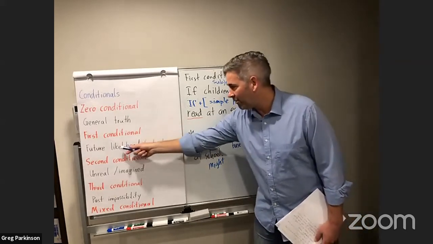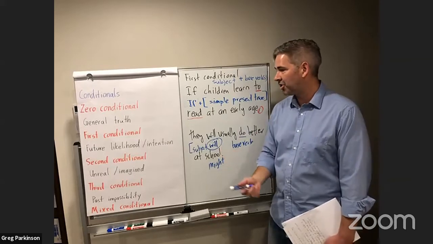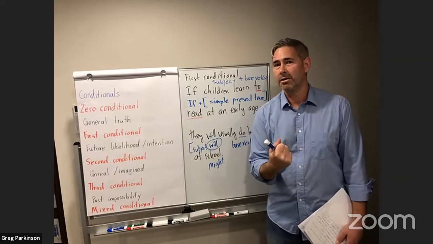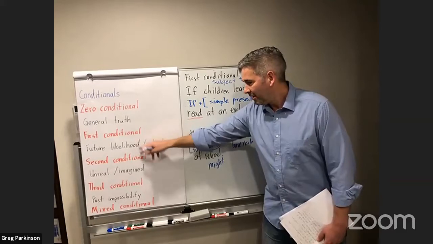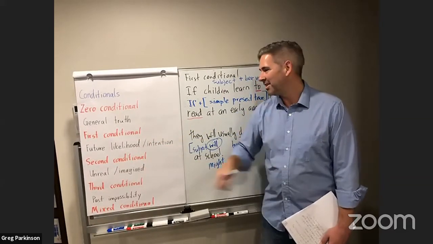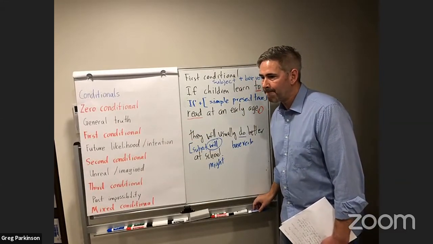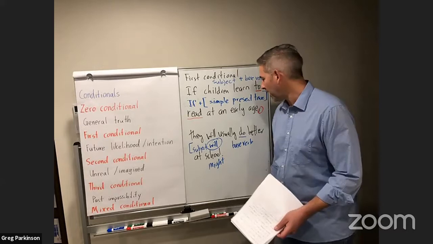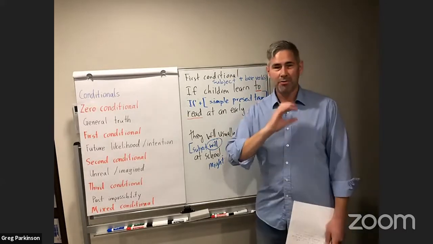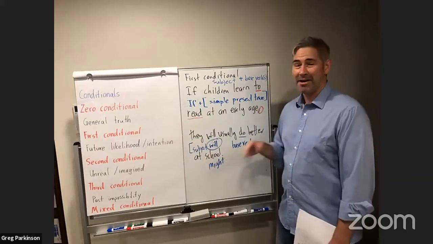So again, the function here, we're basically making a prediction or we're stating a likelihood. Now, you see here with second conditional, something's unreal, it's imagined. That's the big difference, right? So I have another question here. Okay, yeah, sorry, it was about will. Will was missing, right? Yeah, I'm really sorry about that.